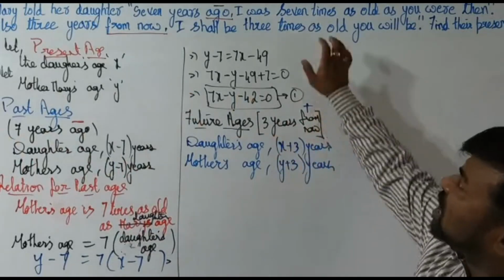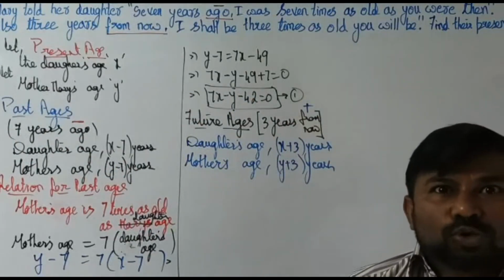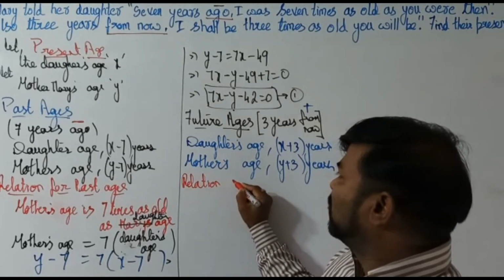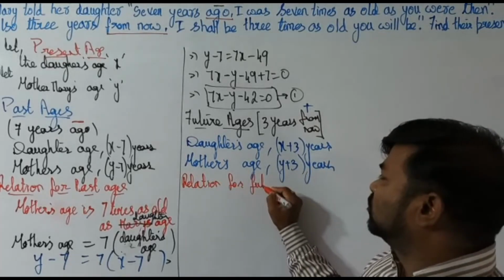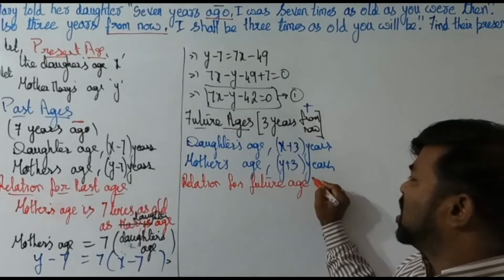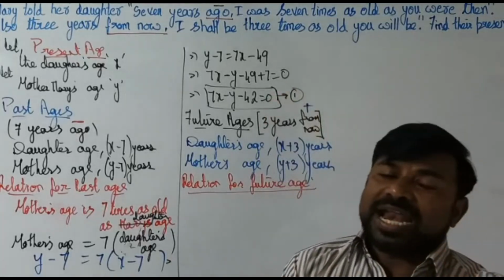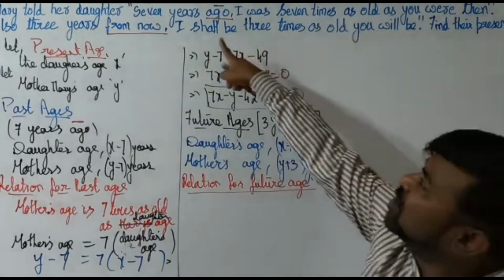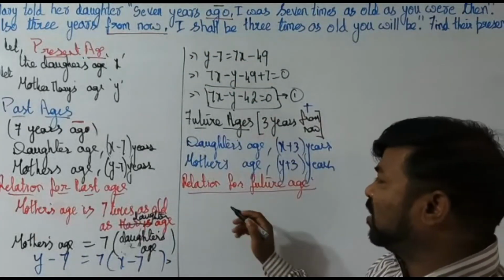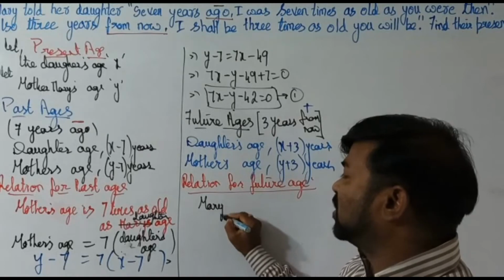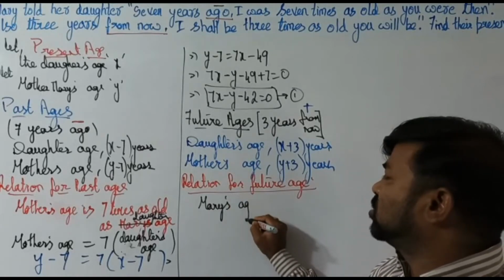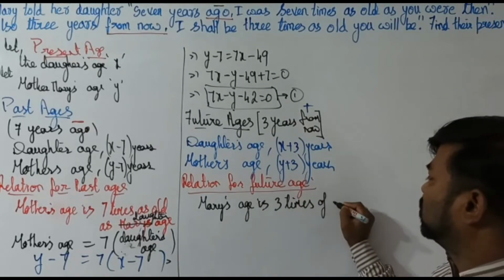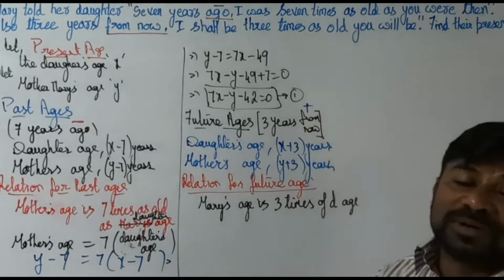Now, what is the relation he has given in the future? What is the relation for the future age? Check it out. Again, direct speech to indirect. I means Mary, you means daughter. Mary shall be, if you frame that, Mary's age or the mother's age is 3 times the daughter's age. You have to remember this one.